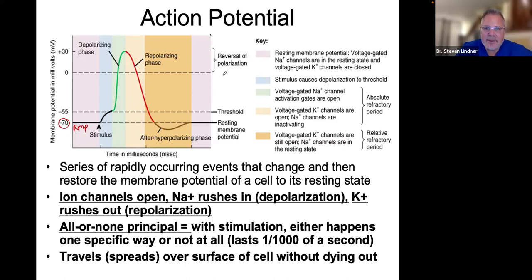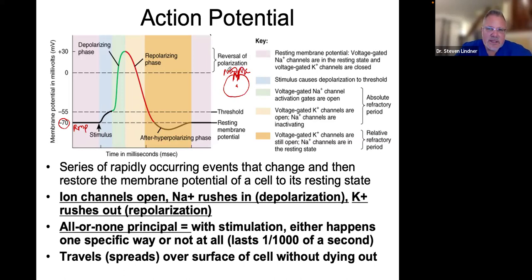And what happens if this is a neuron and we have sodium out here, and let's say this is a sodium channel, when this sodium starts to go inside into the channel, all of a sudden, the membrane potential starts to change.